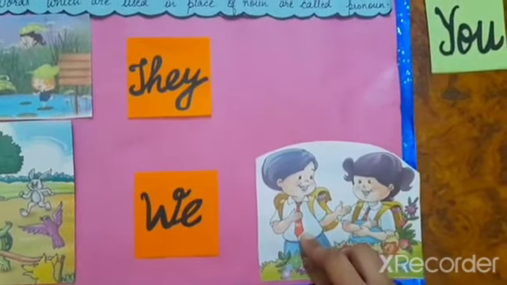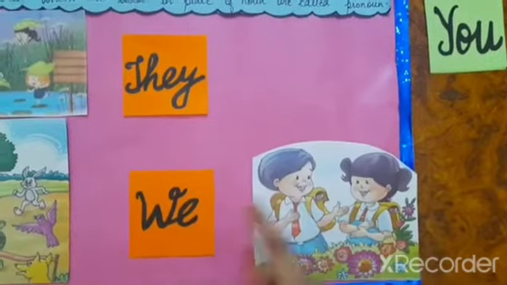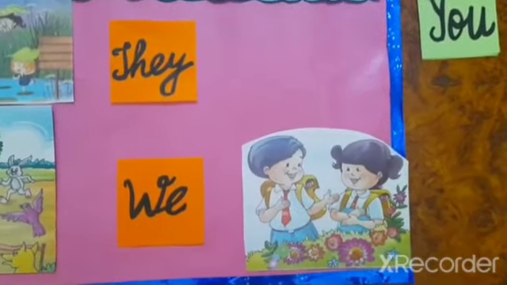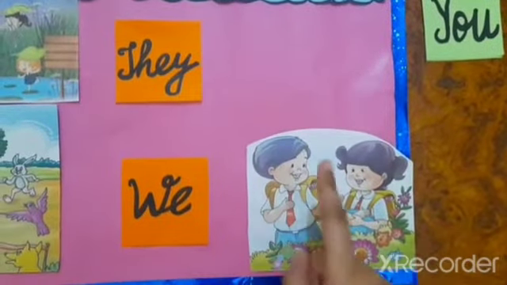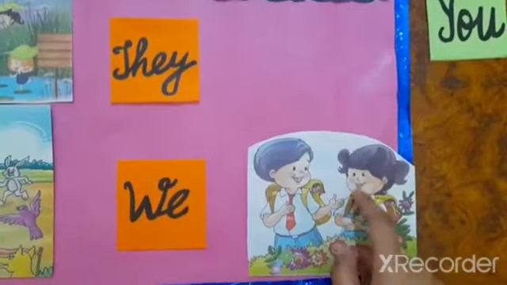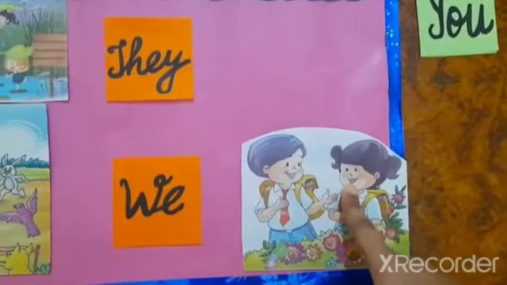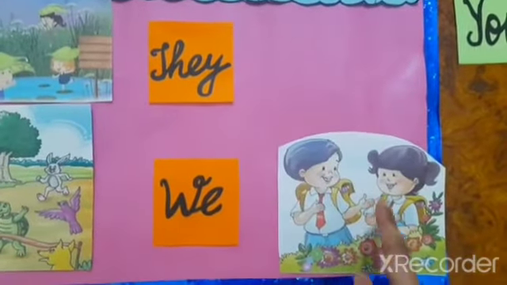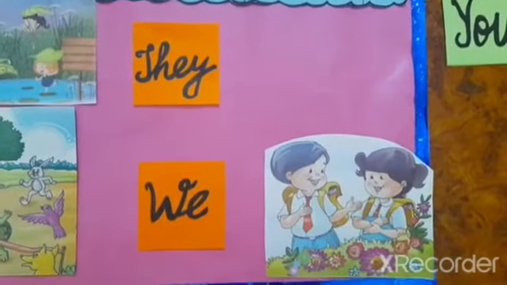Okay? So we are going to use we, like we are going to school. We are talking to each other because you are involved in this activity. You are present in this photograph and you are involved in this activity. So we are going to use we. Okay? We are going to school.